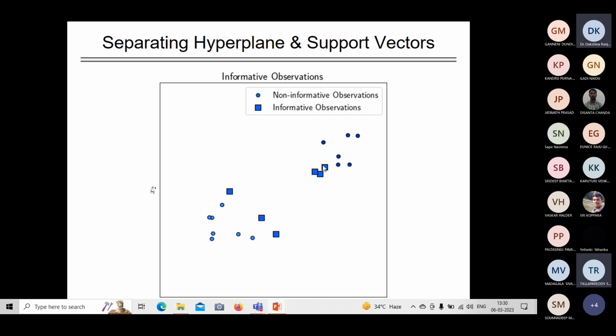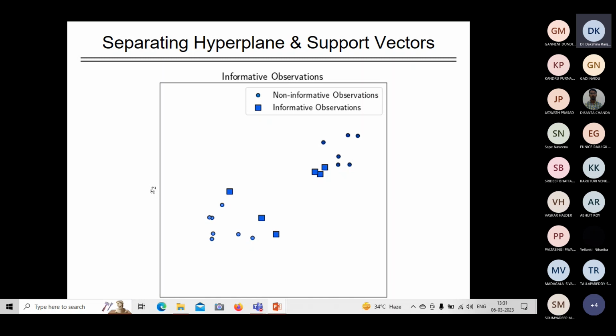And between these two subsets of informative observations, we will get the margin. Okay, so our objective is to maximize this margin as much as possible, so that we can get equal bias in favor of class 1 and in favor of class 2. Okay, and these informative observations are called support vectors, because these support vectors will help us to decide where the separating hyperplane is to be placed.